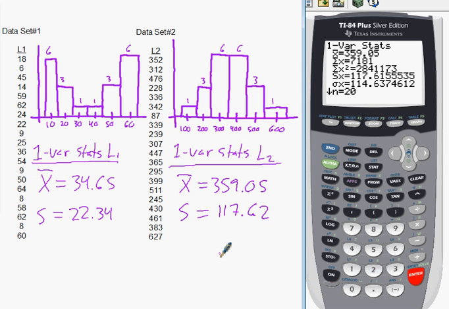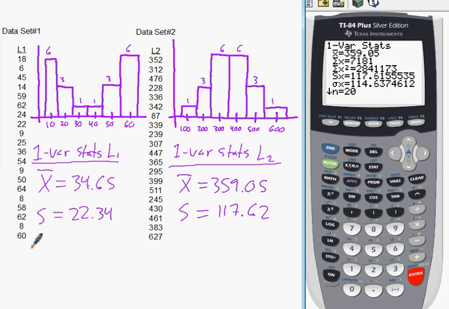Now you'll see that the units, and we don't know what the units are, but the magnitude of the measurements are quite different. This is in the tens, these are in the hundreds. So we can see the mean is much higher in dataset 2 than dataset 1.